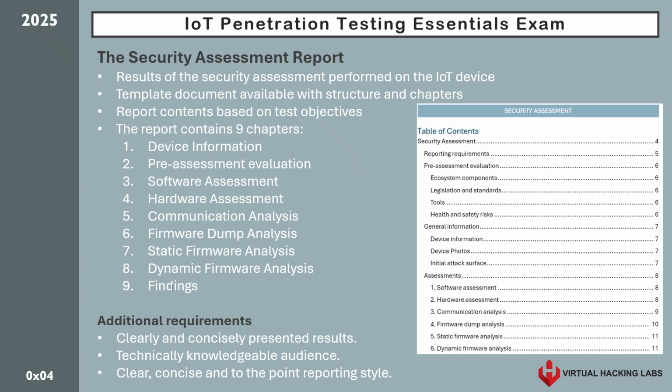The communication analysis chapter contains a review of the serial communication of the device. The firmware dump analysis chapter contains a review of the dumped device firmware. The static firmware analysis chapter contains a static review of the device firmware. The dynamic firmware analysis chapter contains a dynamic review of the device firmware. The findings chapter contains a summary of your findings and a conclusion.